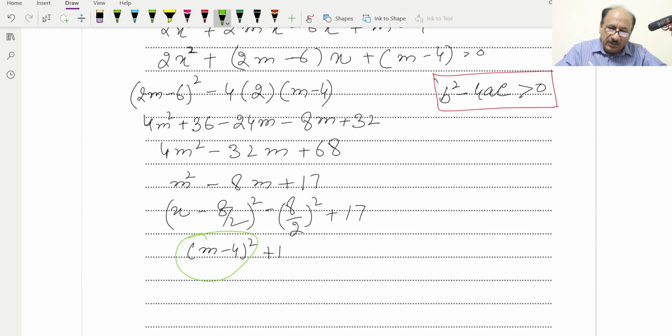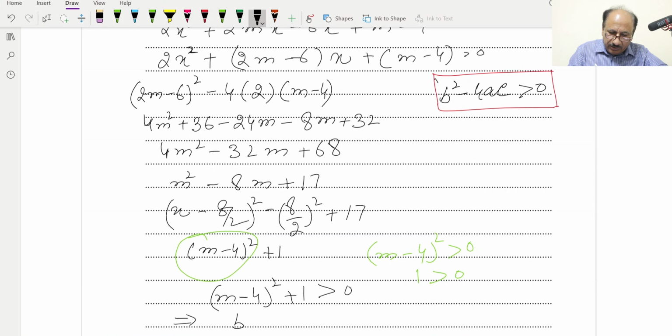So square plus 1 will be greater than 0. We can write m minus 4 squared is greater than or equal to 0, so the total term will be greater than 0 because 1 is also greater than 0. So we can write m minus 4 squared plus 1 is greater than 0.